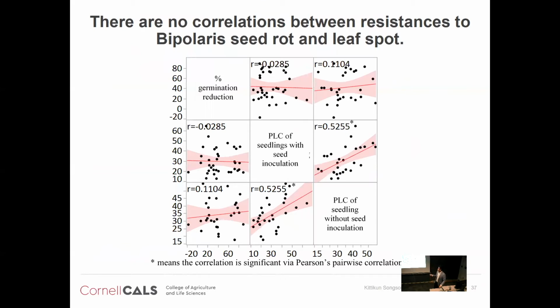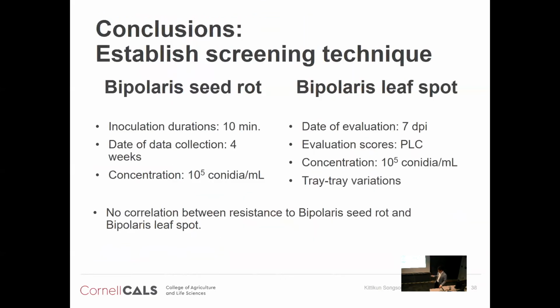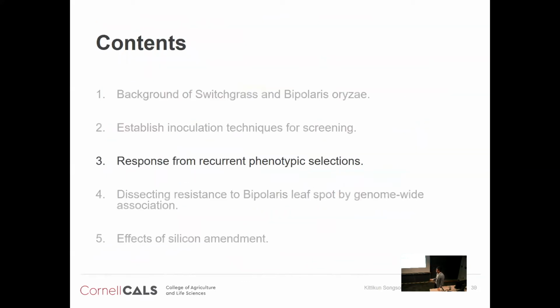So I used this information to set up the breeding scheme. And let's move to the third one, where I make the actual selection based on this resistance.